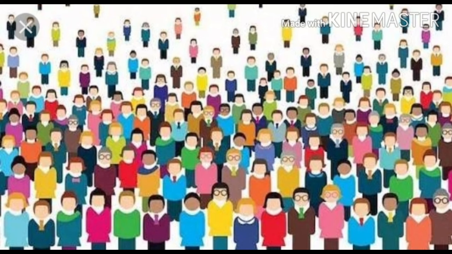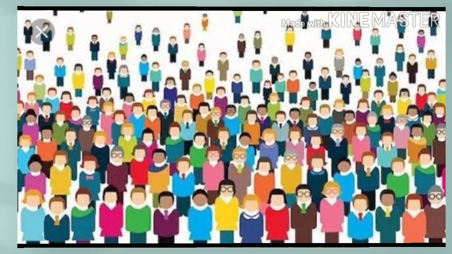Let us learn about the characteristics of population. The population of a region comprises male and female, young and old, working and dependent people. The proportions of different categories of people in a population help us understand the qualities of that population, right?